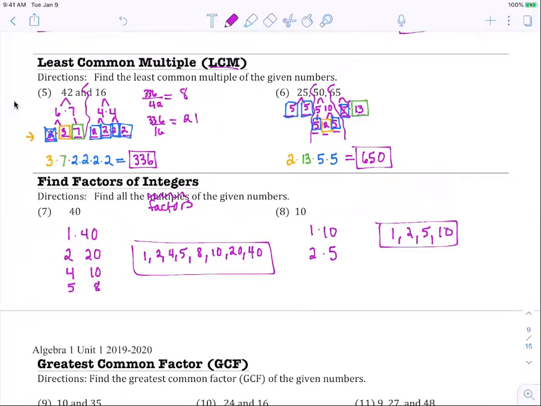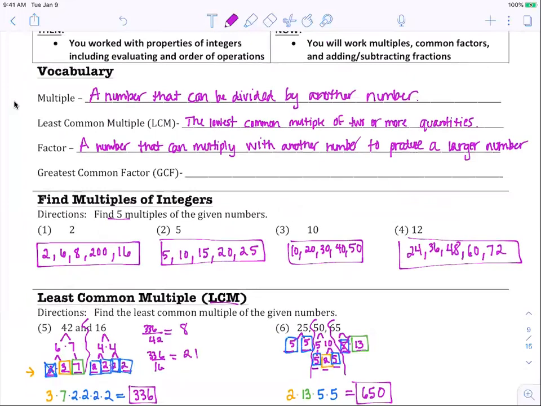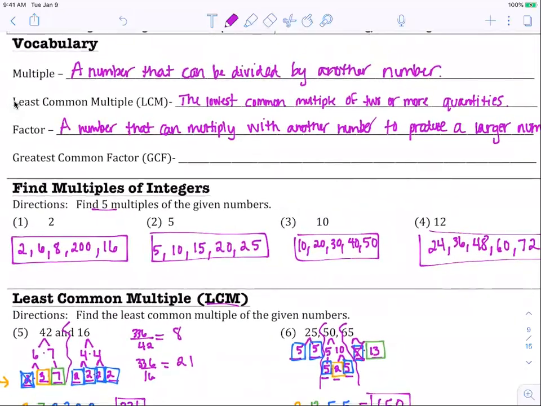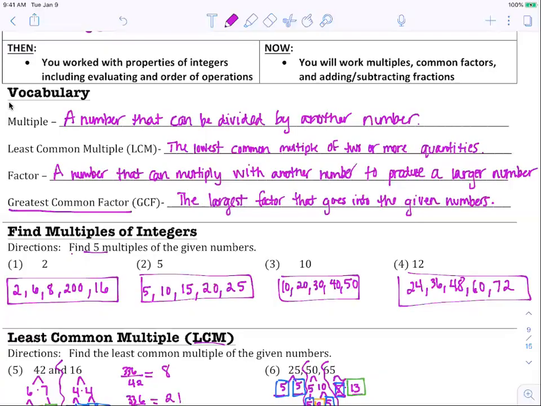Now, factors, most of the time, I'm not going to ask you to just find a factor. Usually what's more useful to us is to find the greatest common factor. All right, so greatest common factor, what exactly is it? It's just the largest factor that goes into the given numbers that I'm having you work with.